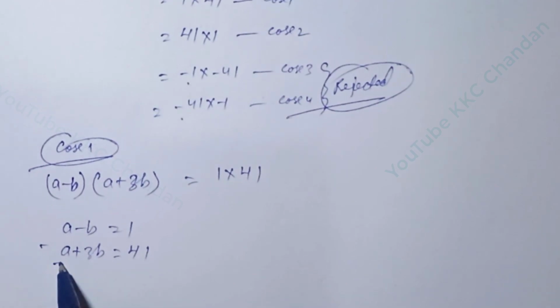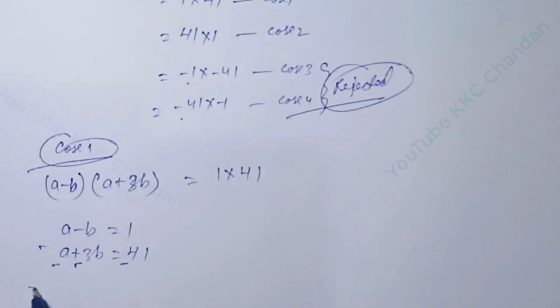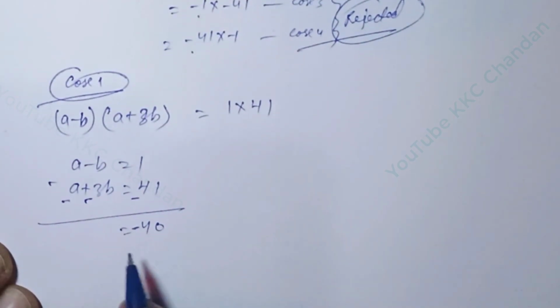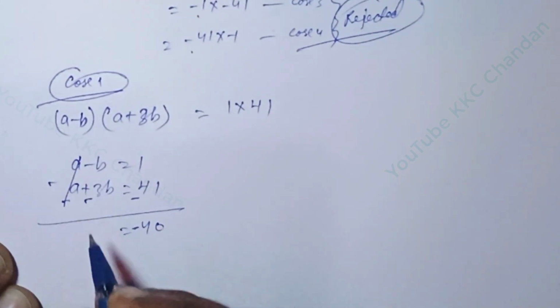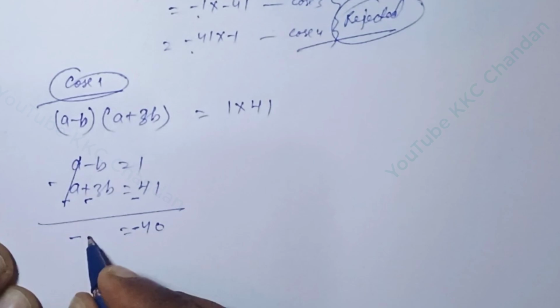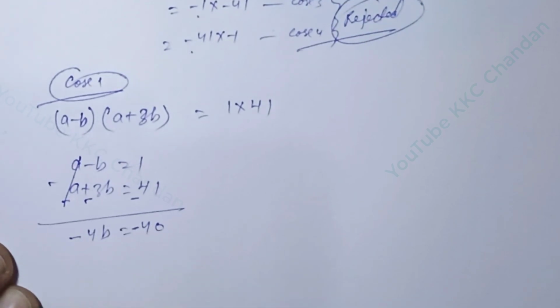Subtract, see here, 1 minus 41 is minus 40, a minus a will be cancelled here, minus 4b. After the next step, see here, minus 4b is equal to minus 40.